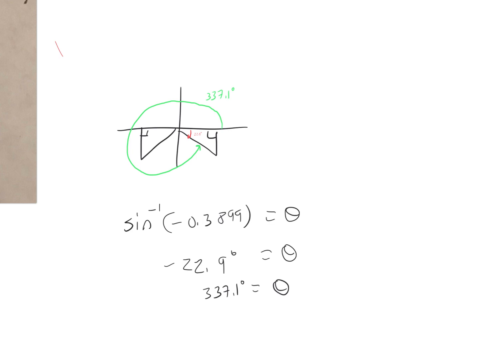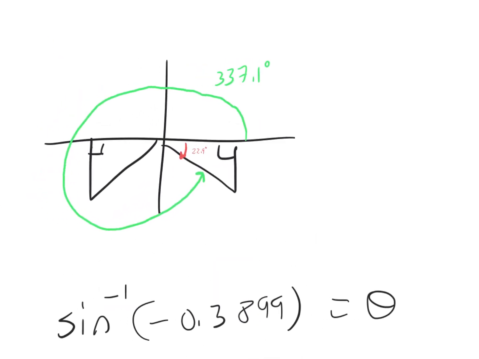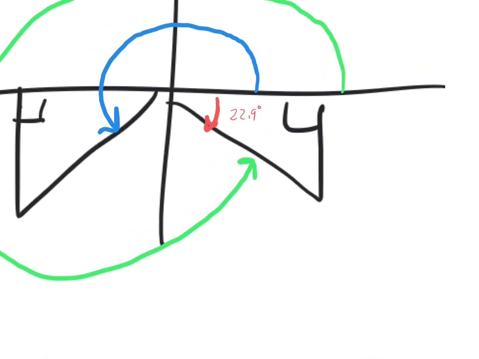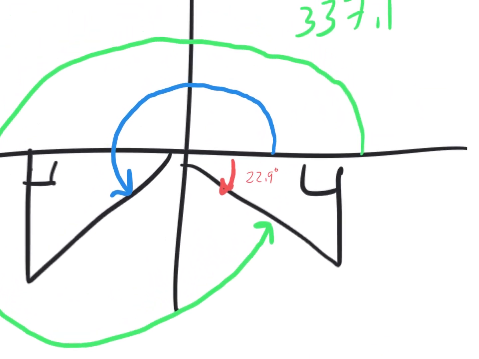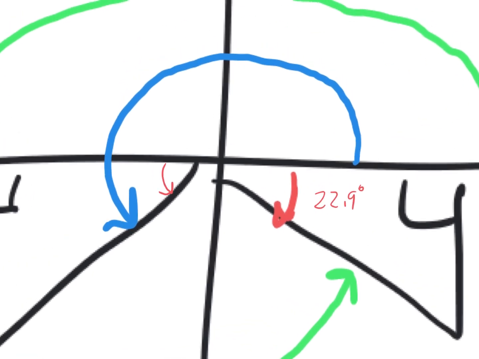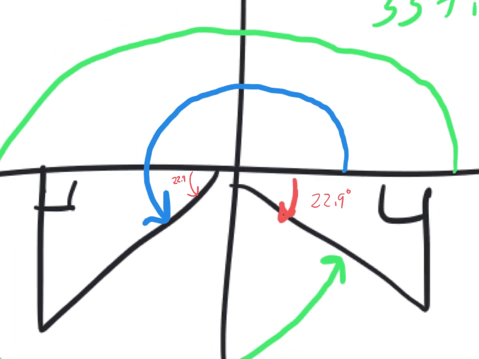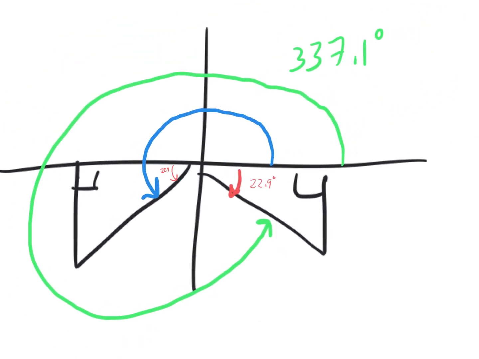Okay, now of course we're not done. We need to find this blue angle that starts here and then goes all the way to there. Well, the good news is we know that this angle right here is most definitely 22.9 from our previous exploration, right?